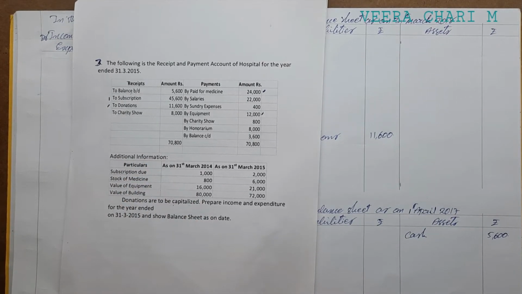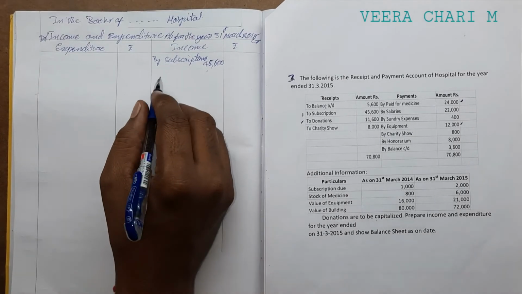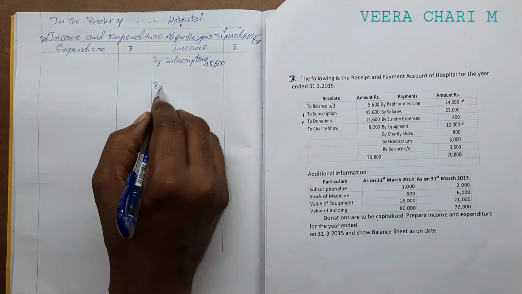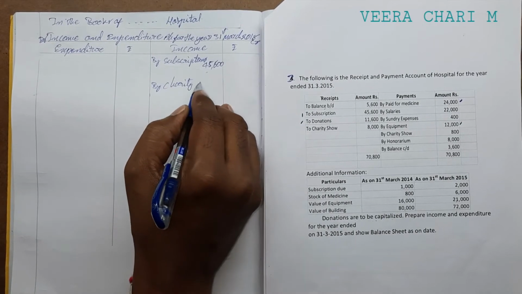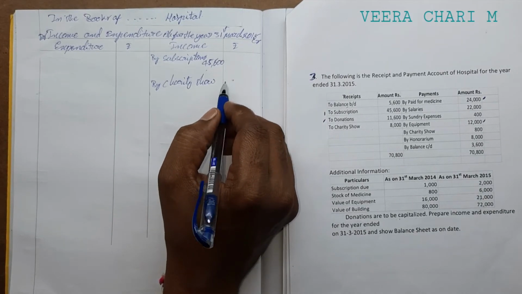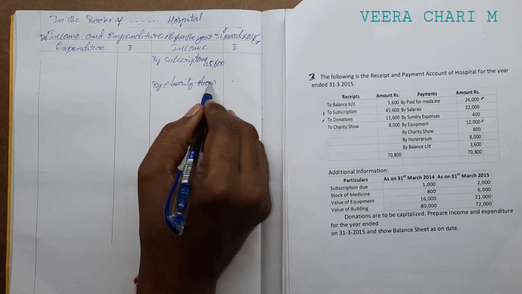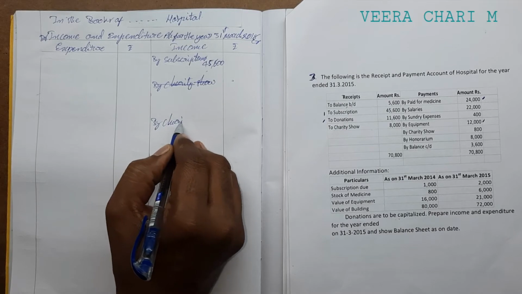Charity show is an income first. The charity show was conducted and the receipts are income, so write by charity show directly. There is an adjustment to that one, by charity show.